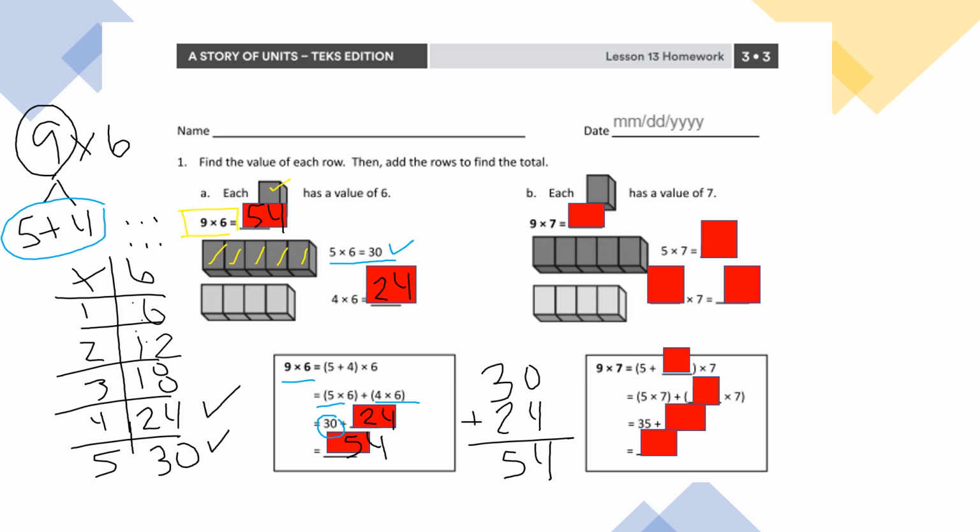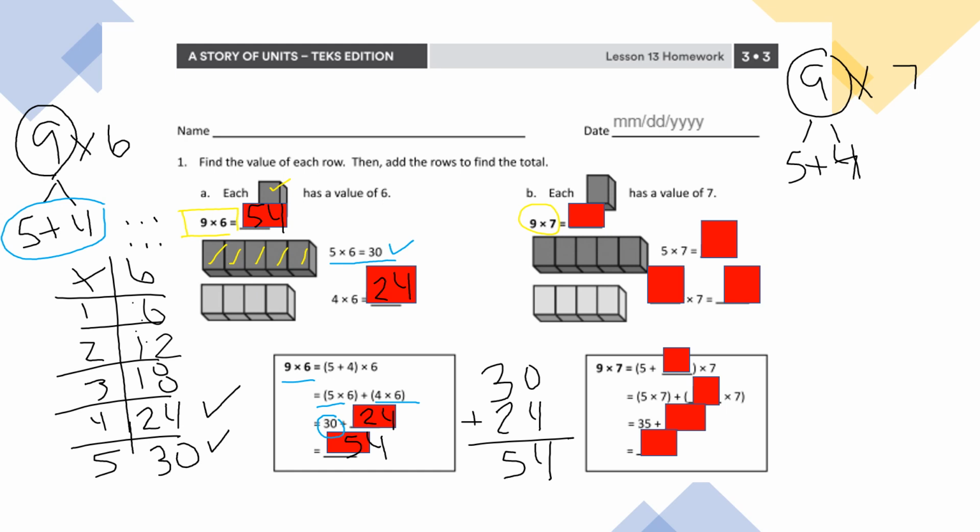Let's look at 1B. This time the equation that we're solving is 9 times 7. And each unit has a value of 7 this time. So we'll write the equation 9 times 7 up here, and make a little number bond. 9 is made up of 5 plus 4.